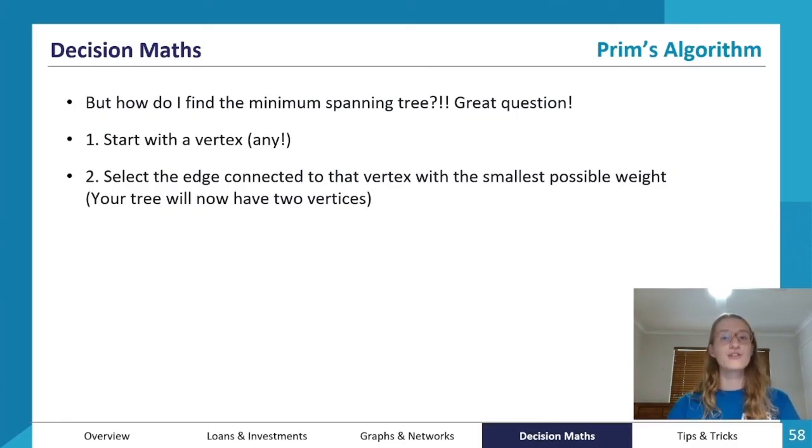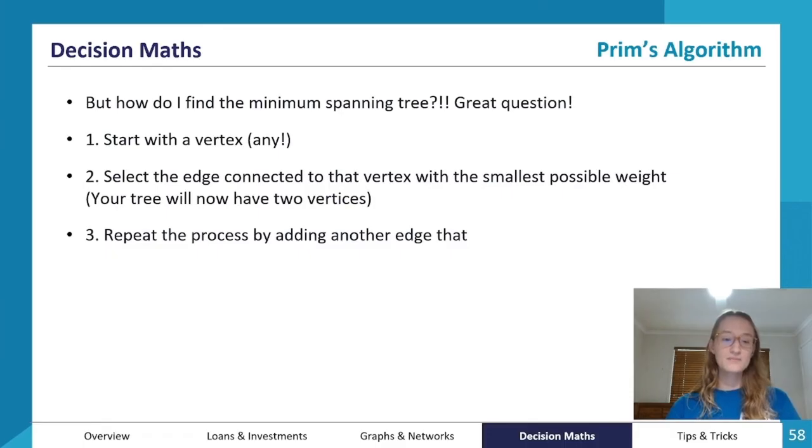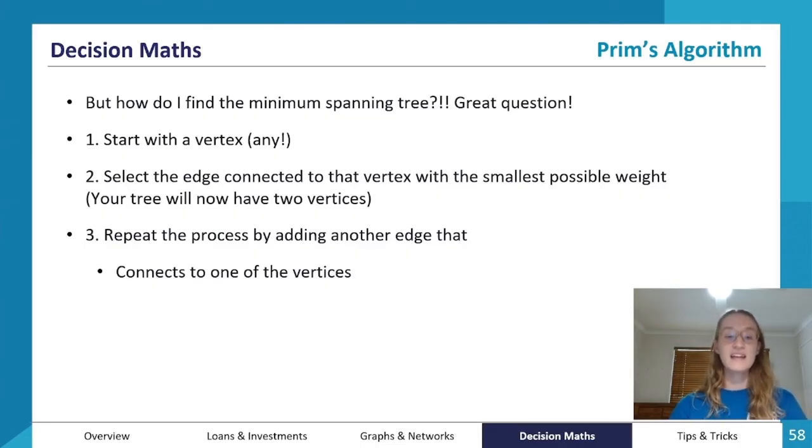And then now what you're going to do is move around the rest of the graph, connecting in every single vertex by using the smallest possible weight. So you keep adding edge after edge with the smallest possible weight. So you add another edge that's connected to one of the vertices that's already in your graph and also has the smallest weight.